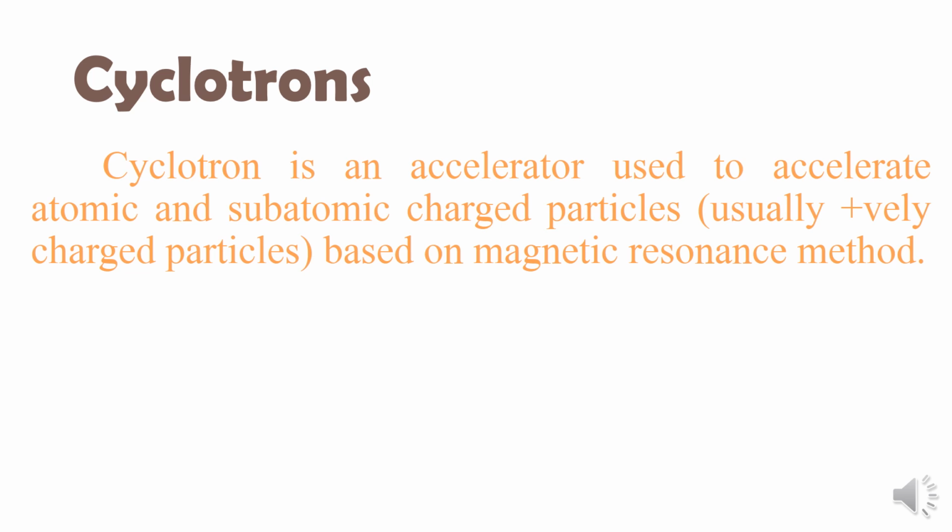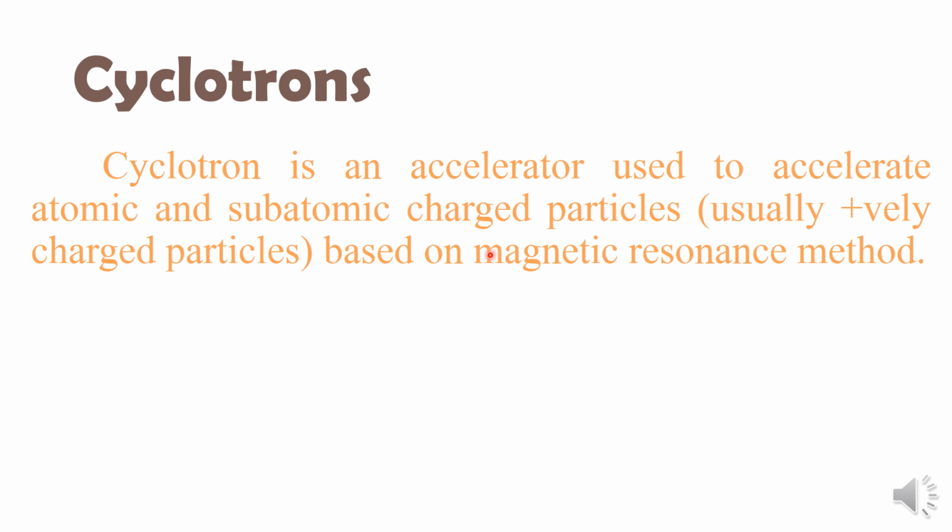What are cyclotrons? Cyclotron is an accelerator used to accelerate atomic and subatomic charged particles based on the magnetic resonance method. Now this cyclotron works on the principle called magnetic resonance method.